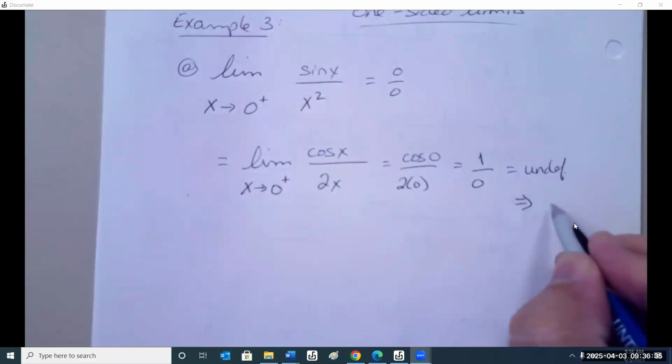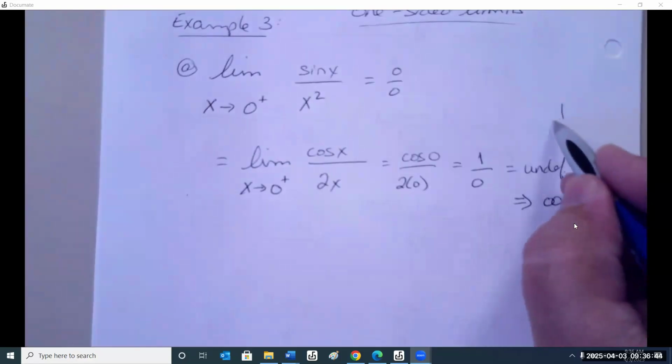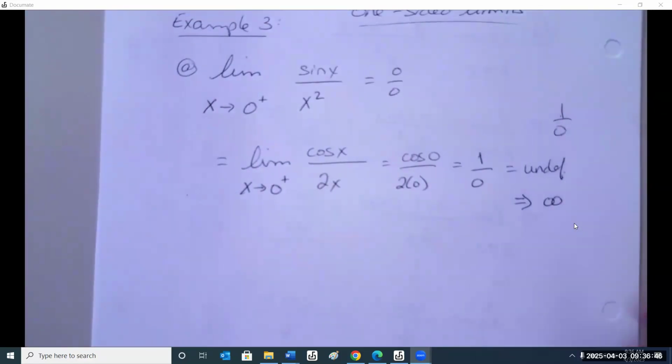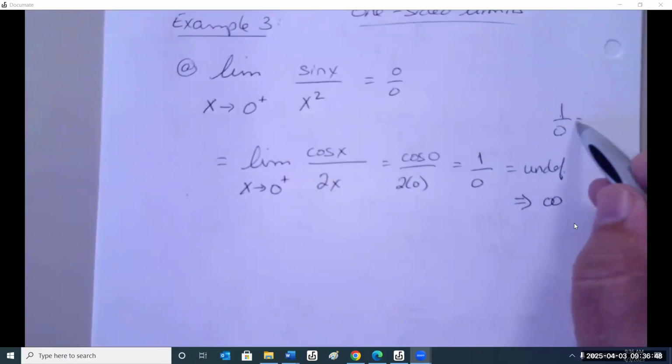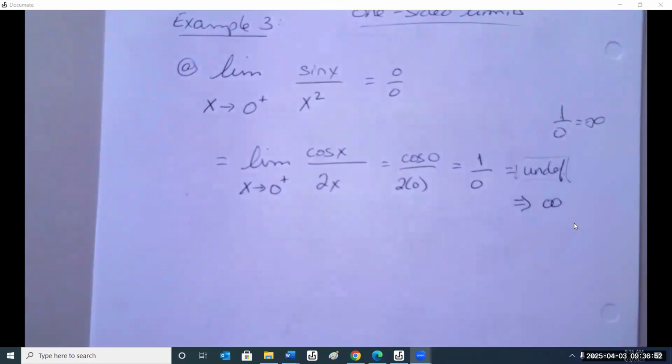It actually means infinity. Because what does undefined really mean when I have, how many times does 0 go into 1? Infinitely many times. So we just call it undefined just to make it easier for us.